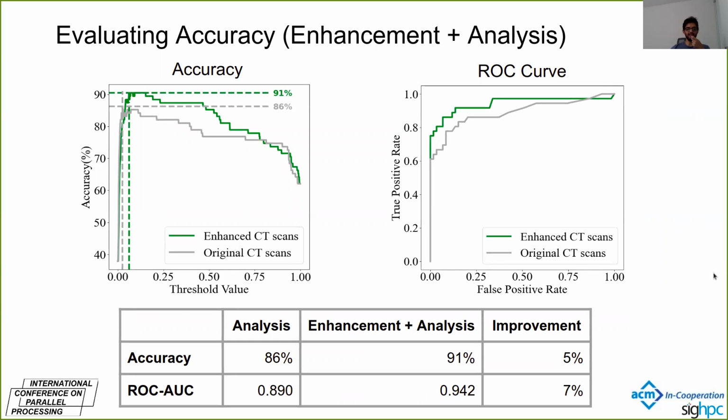By prepending enhancement to the analysis, we were able to achieve an overall accuracy of 91% and area under the receiver operating characteristic curve of 0.942. That is approximately 5% improvement in accuracy and 7% improvement in area under the curve. The accuracy and ROC curve of classification with enhanced images are shown in green.